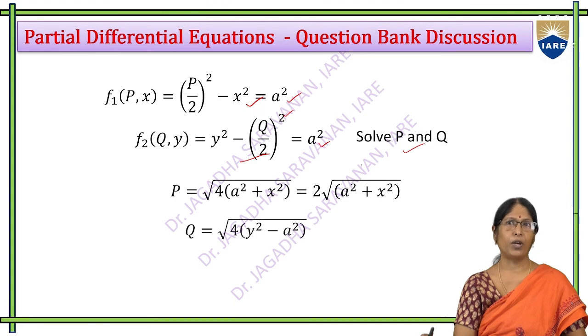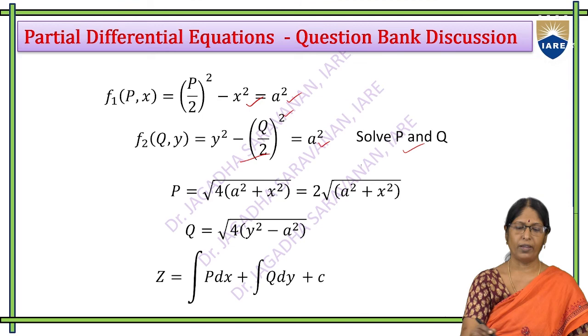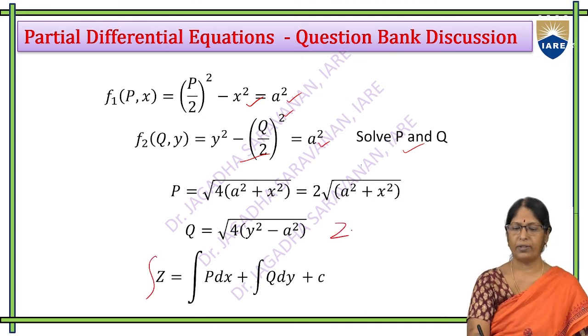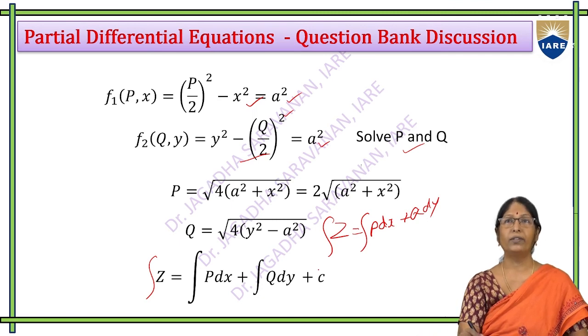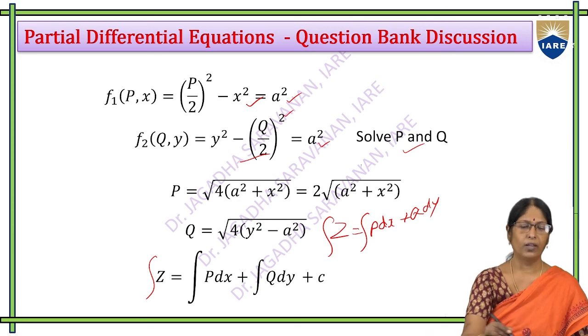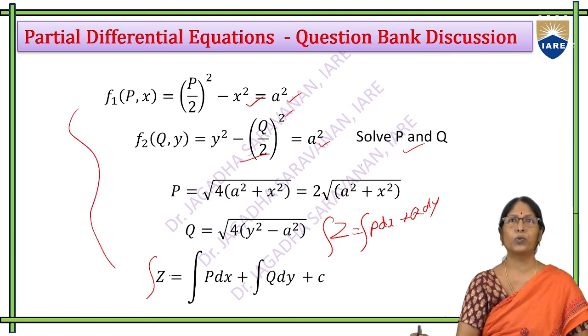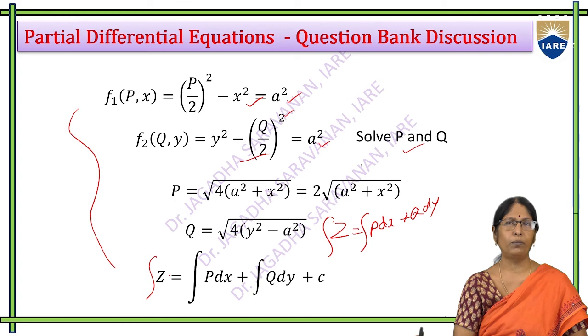After obtaining the p and q values, integrate capital Z equal to p dx plus q dy, adding the constant to get the required solution for standard form 6. So here we discussed the important steps of this problem in this video lecture.